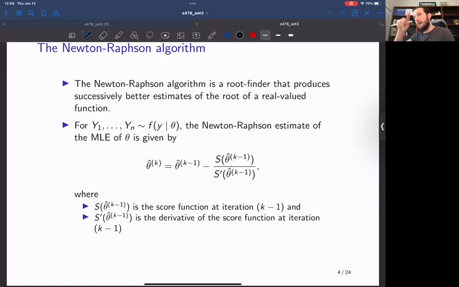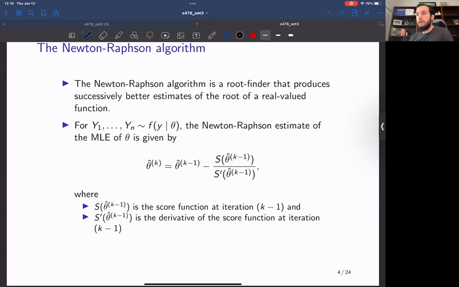It'll find the value of an expression when you set it equal to 0, such that that value maximizes said expression. So the score function, or the derivative of some real valued function set equal to 0, would be an example of what you would be utilizing to try and maximize that function.